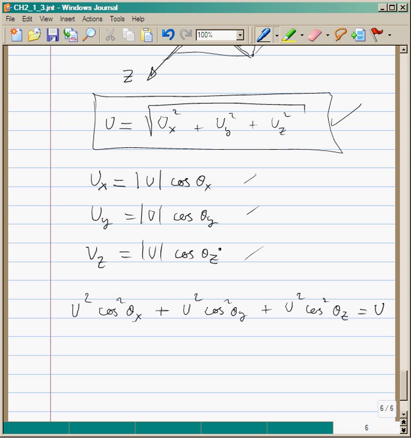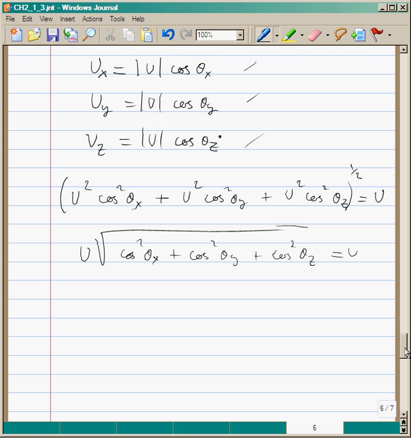This should give us u. We can obviously take out u squared, take it out of the square root, so you end up with u times the square root of cosine squared theta x plus cosine squared theta y plus cosine squared theta z is equal to u.